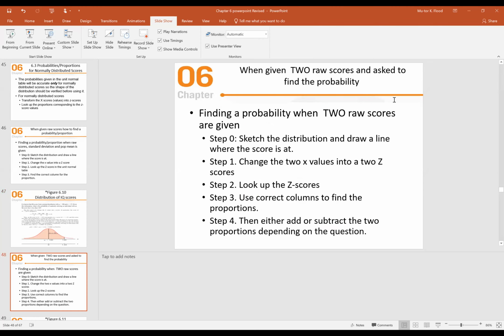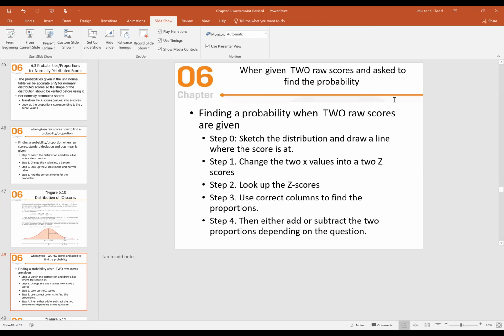All right, so now let's say we are given 2 raw scores and asked to find the probability. So this one, we're going to find a probability when 2 raw scores are given. The first step is to sketch the distribution and draw a line where the score is at.